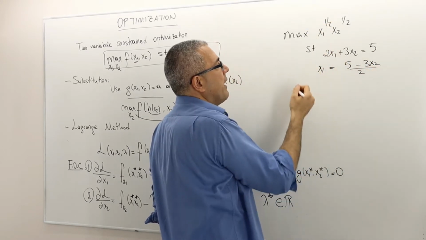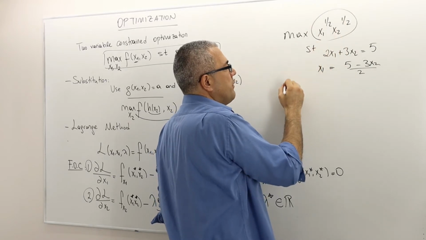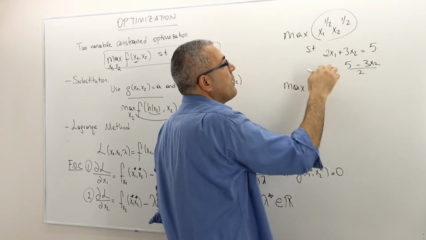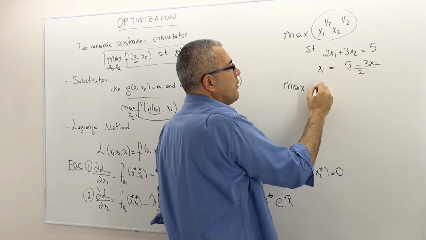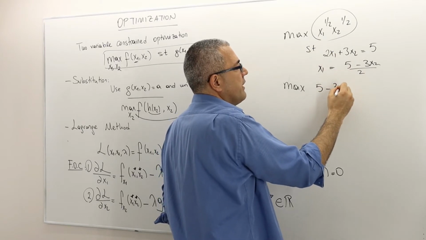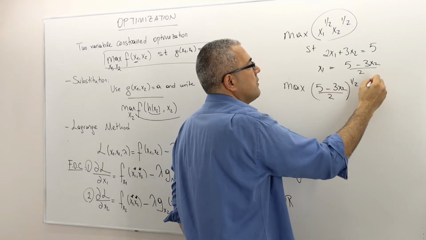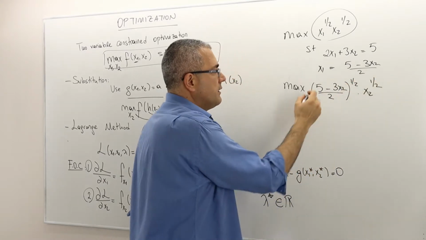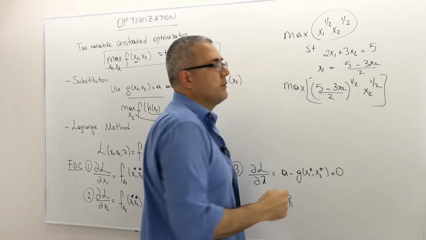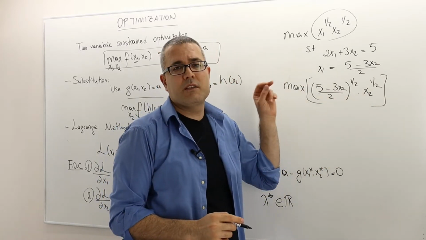Plug this back into my objective function, which basically gives me: maximize ((5 minus 3x2) divided by 2) to the power 1/2 times x2 to the power 1/2. All right, so this is a simpler function because it has only x2 as a variable.